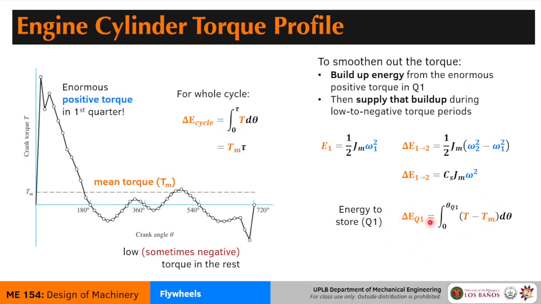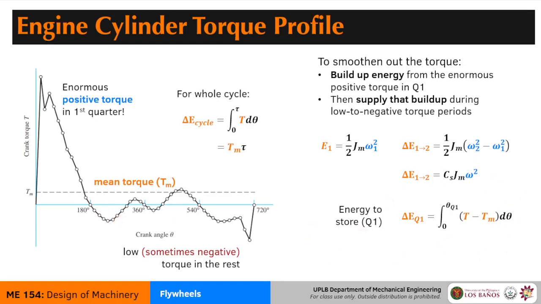This delta E for Q1, we're assuming that this positive loop occurs in Q1. This one has us integrating the torque minus the mean torque that we have solved from this equation, and then integrating it from 0 to the end of whichever this positive loop ends.